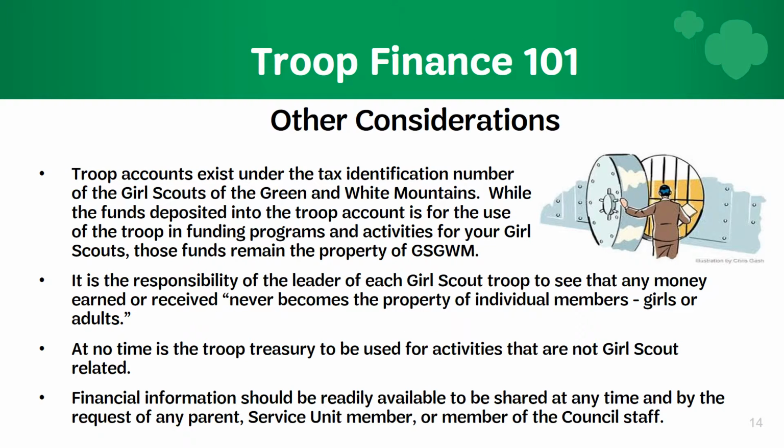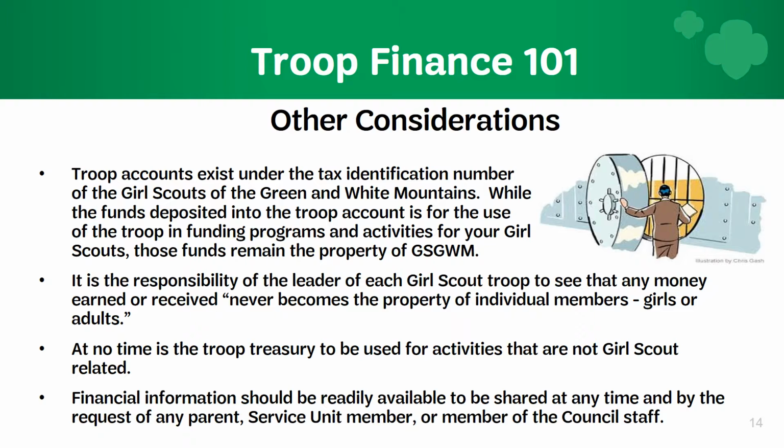Other considerations. Please remember that your troop account exists under the GSGWM tax ID number. While the funds deposited into the account are for the use of the troop in funding programs and activities for your Girl Scouts, those funds remain the property of GSGWM.